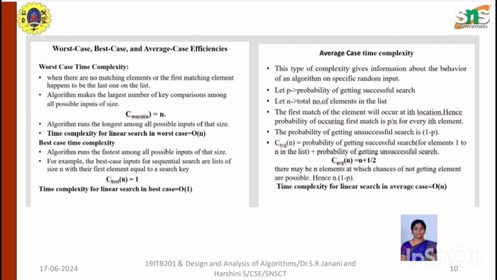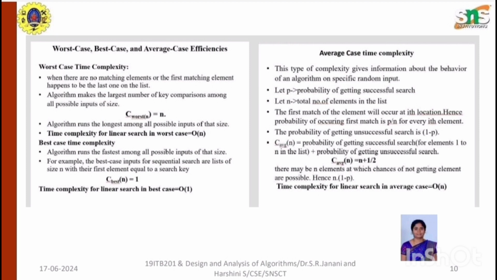The third is average case time complexity. This complexity is given for a specific random input. So the probability of getting a successful search may be in an average manner. We take the total number of elements in a list and perform a basic operation.